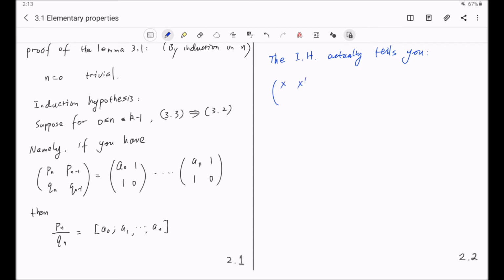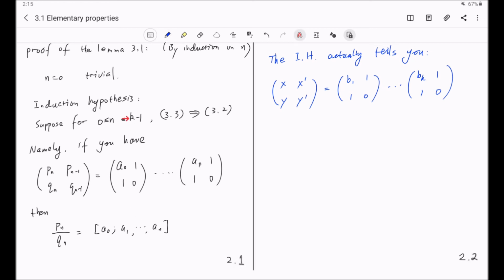If you just have those four numbers, four integers, x, x prime, y, y prime, written as a product of k matrices, remember, right here we have a product of n plus 1 matrices, but n is from 0 to k minus 1. So at most, we will have k many matrices. And here we have k many matrices.